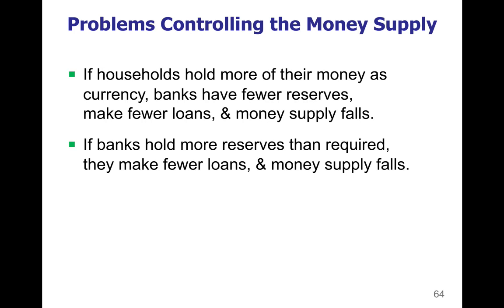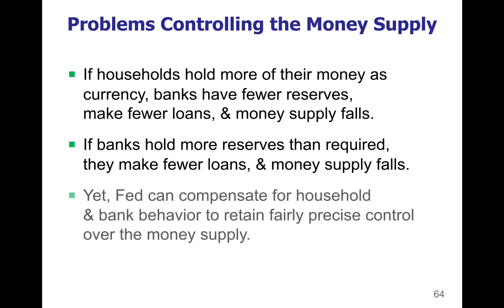That means they're making fewer loans, and that means they're making less profit on their loans. And so the whole system might not have enough liquidity in it. That could make money supply fall, and that would, of course, raise the interest rate.